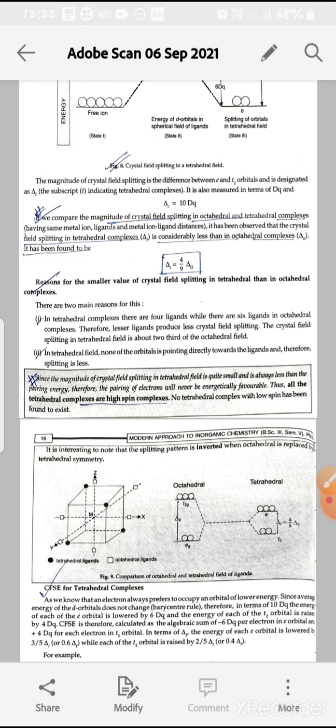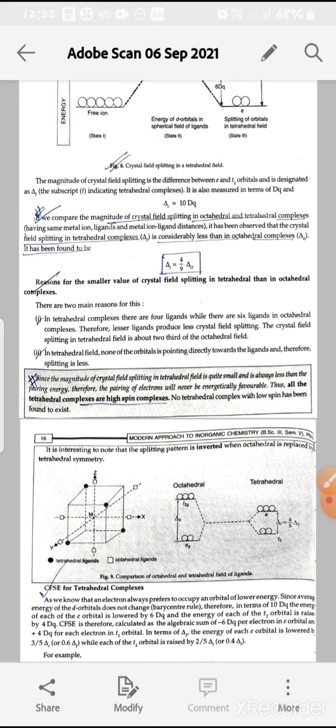Second reason: in a tetrahedral field, none of the orbitals point exactly towards the approach of ligands, therefore splitting is less. In case of octahedral, 2 orbitals, dx square minus y square and dz square, point exactly towards the approach of ligands.